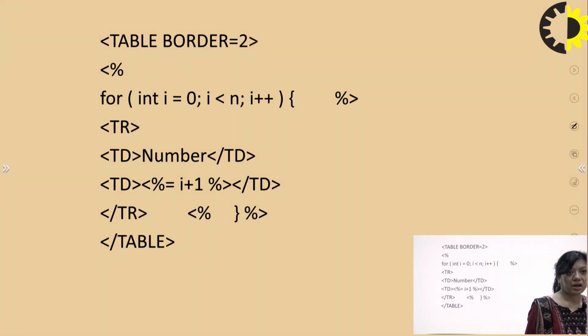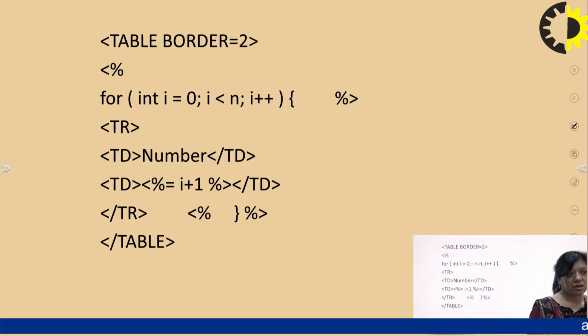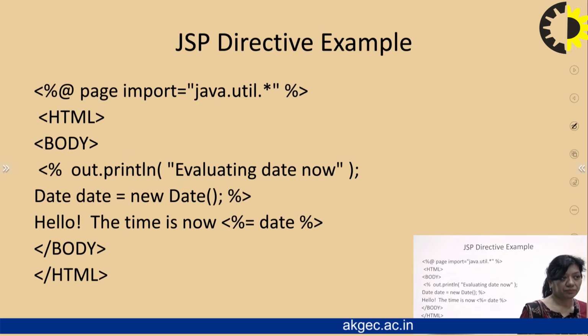That's why I have written td here, and it will increment by 1. So the value of n would be entered by the user, and it will increment by 1.